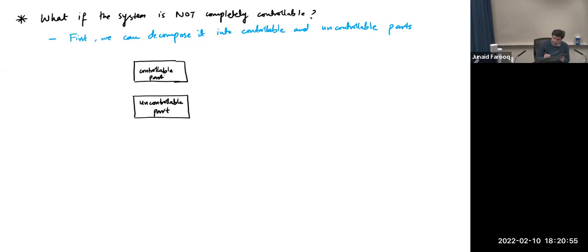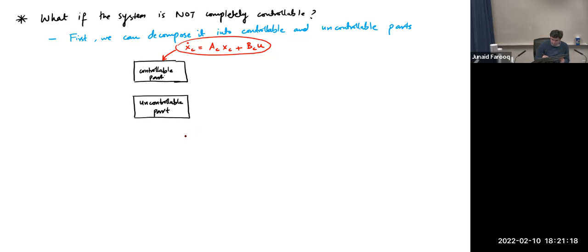Okay, so controllable part means there is an XC dot, which is AC, A controllable, X controllable, plus B controllable U, right? So that's the dynamics of the controllable part of the system.